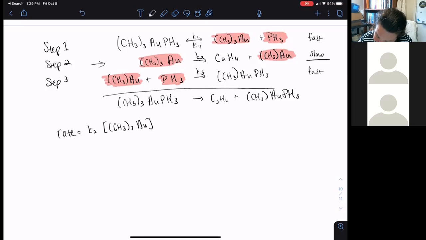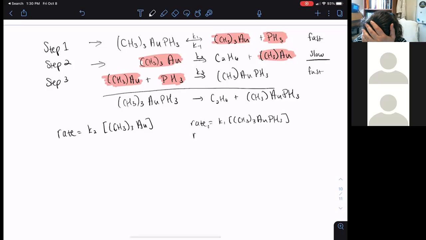Now we go to where it was produced, which is right there, and we're going to rewrite it. So we have our forward rate is equal to k1 (CH3)3Au PH3.